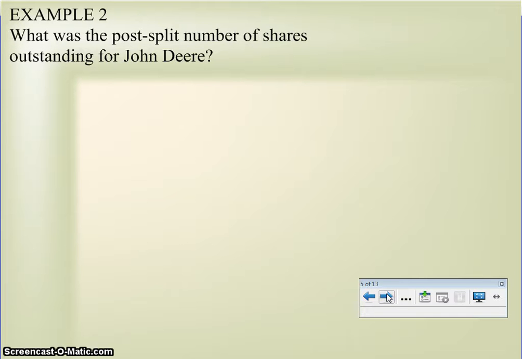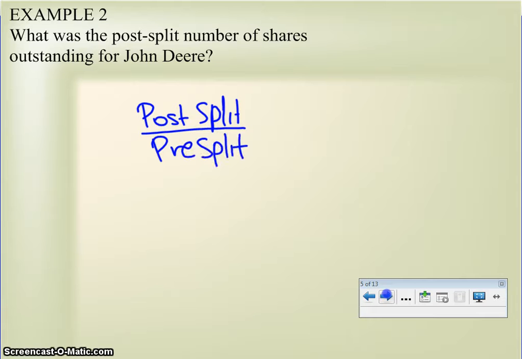All right, example 2. What was the post-split number of shares outstanding for John Deere? So we're going to put its post-split over the pre-split. We're looking at a proportion, so we have 2 ratios. So we know that it was a 2-for-1 split.